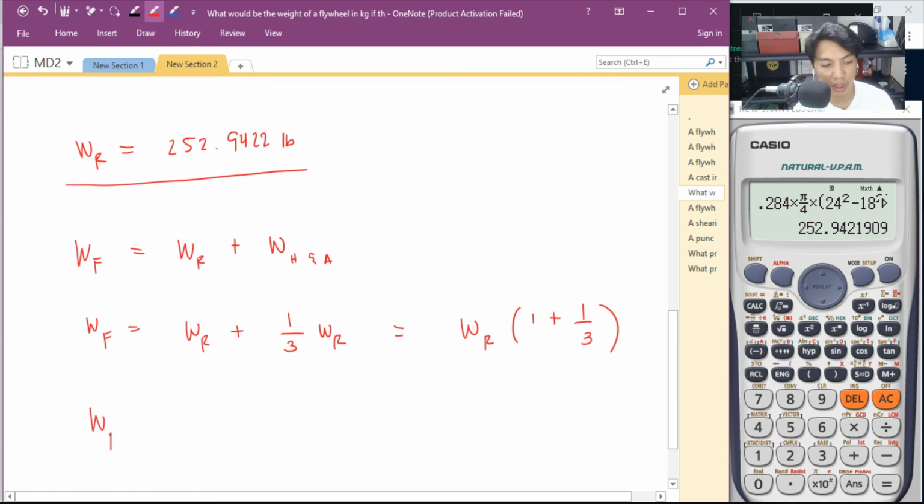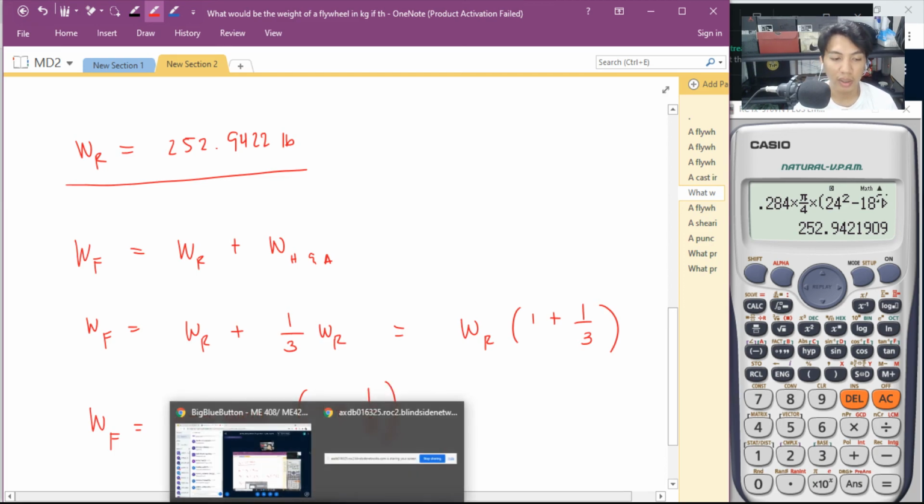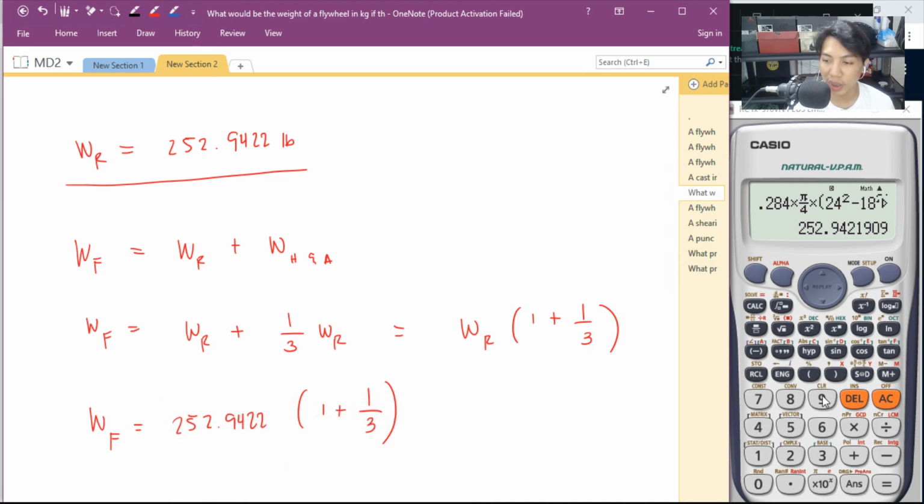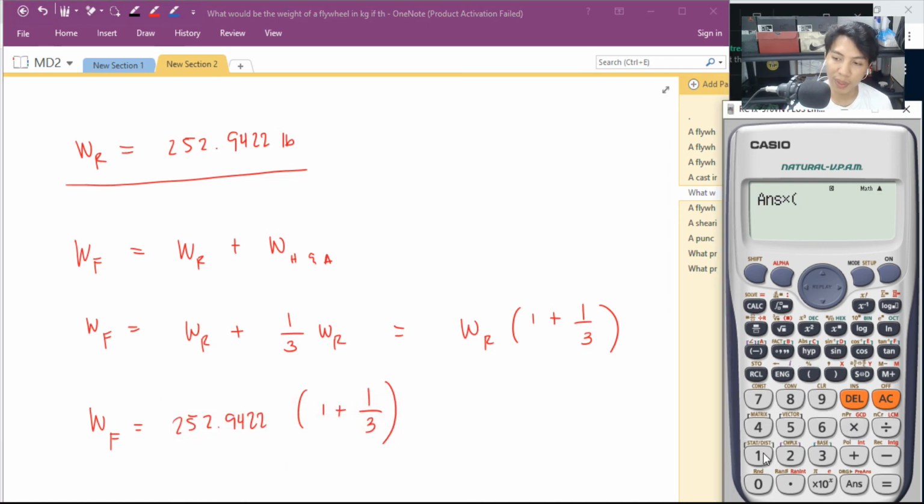The weight of the flywheel is equal to 252.9422 multiplied by 1 plus 1 over 3.